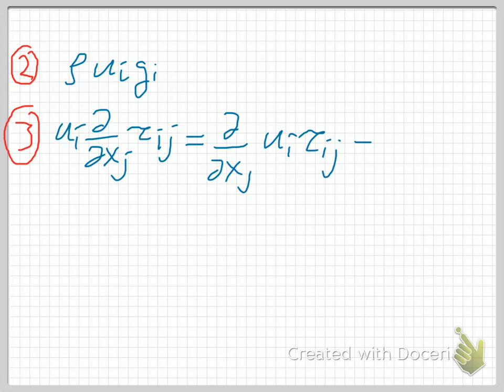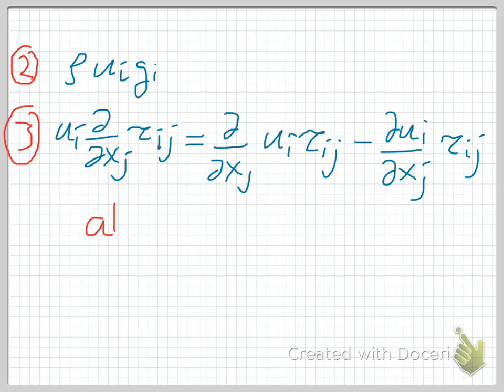We have to subtract off something else, which is ∂u_i/∂x_j tau_ij. And if you don't understand why that is, recognize that we're just using the product rule sort of in reverse here.